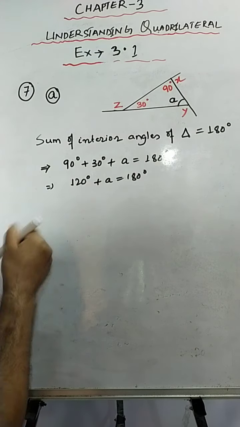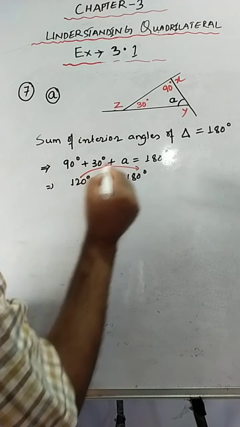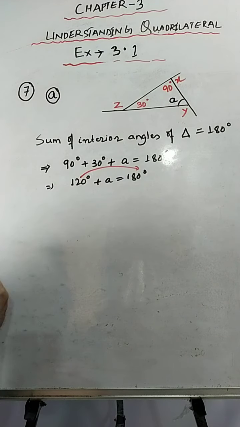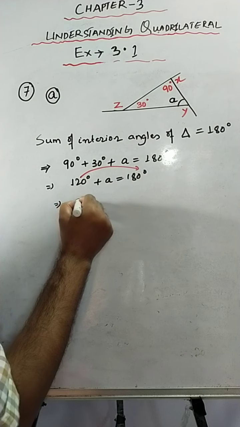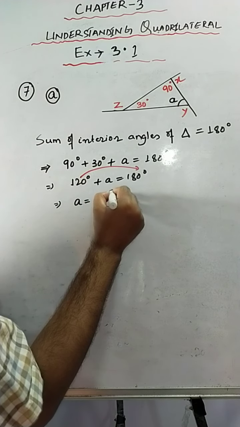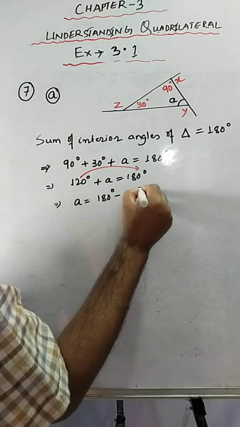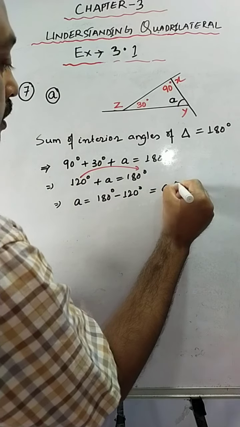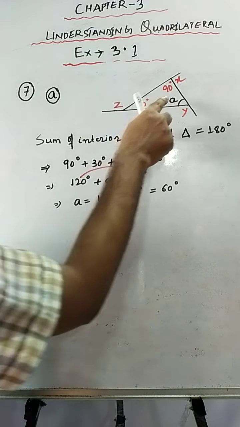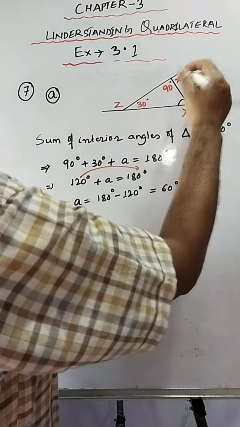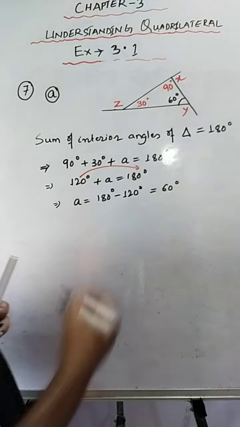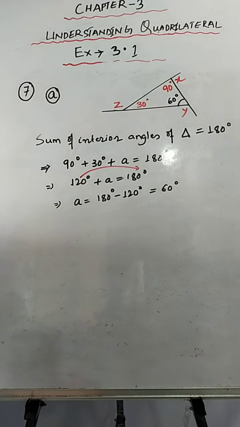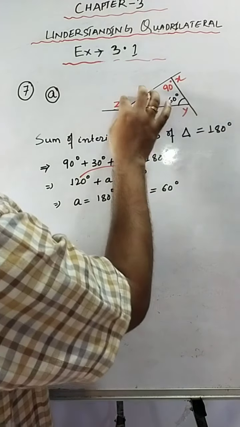To get the value of A, we have to transpose 120 towards the right hand side. So A would be equal to 180 degree minus 120 degree, and that would be equal to 60 degree. So A is 60 degree. Okay. Now one by one we'll get all the exterior angles also.